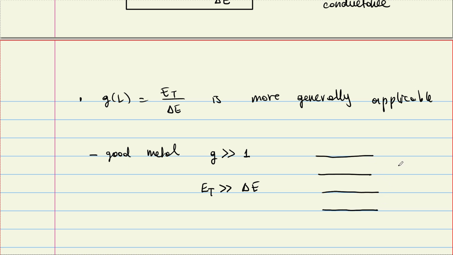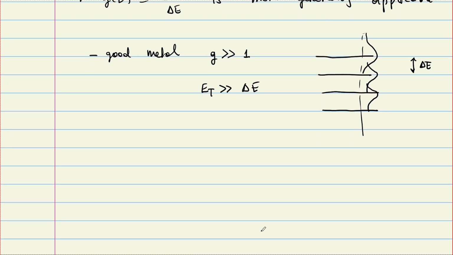And there is a typical energy level spacing, which is delta E, but also this E tau s is about the broadening of levels, right? If I look at this axis, there is going to be some broadening here, another broadening here, and another broadening there. So what this means is the spectrum is kind of blurred and continuous, so that an electron can just propagate from level to level. It can get into the conductor, jump from level to level and get out of the conductor, and give rise to a good metallic conduction.